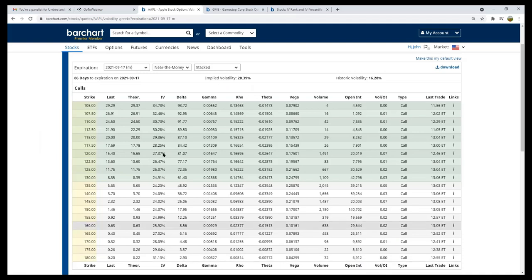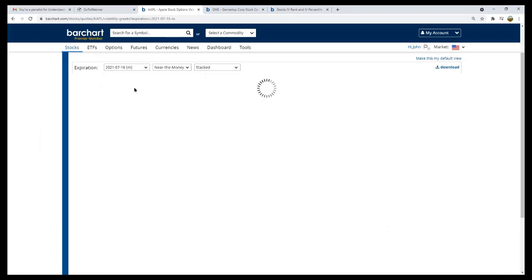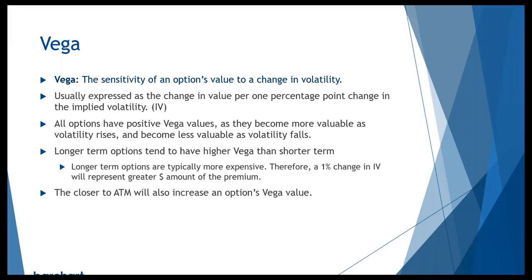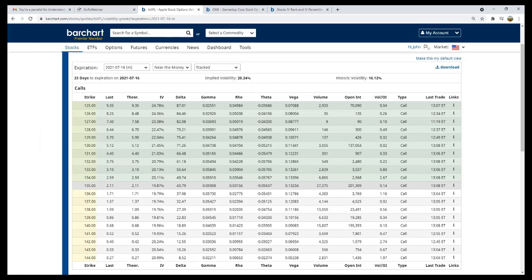If I'm looking at Apple at the money, our Vegas are going to be greater. And those with greater volatility are also going to have greater Vegas.